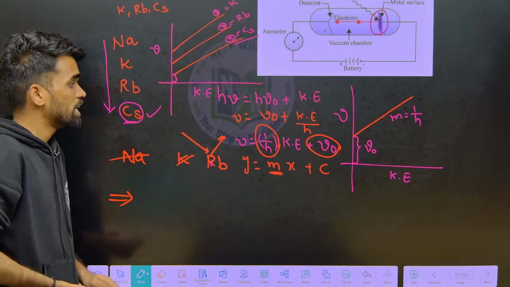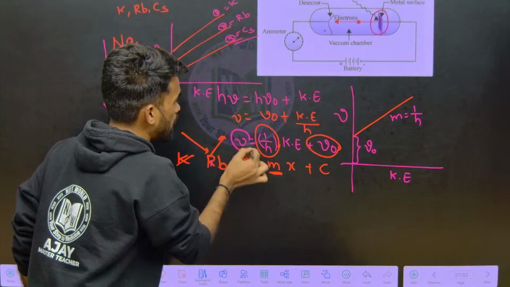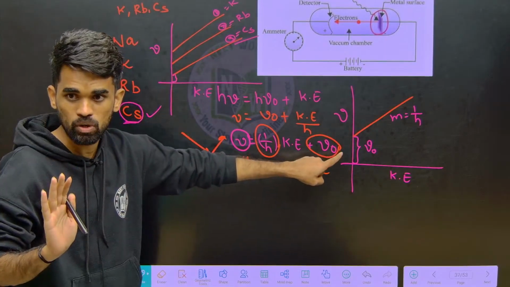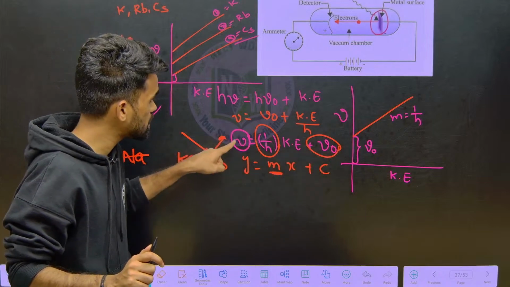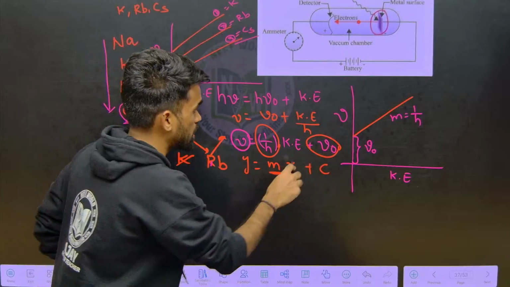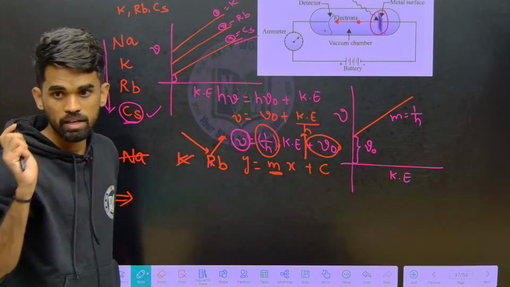So now if I increase the applied frequency, we know nu naught remains constant for a particular metal. So if I increase this applied frequency, what happens in this case? This remains the same, but the kinetic energy of the photoelectron increases.